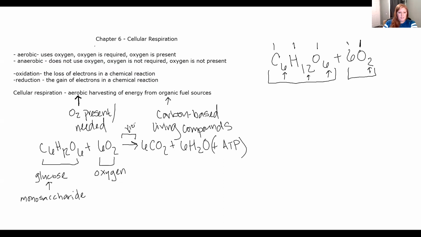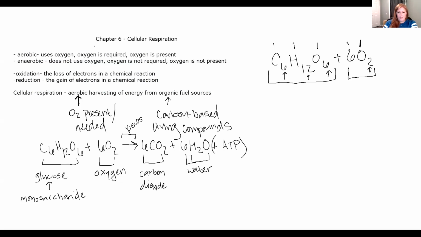The arrow means yields. That's what you get out of it. And what we get out is this over here. Carbon dioxide is CO2. There's 6 molecules of it. And of course, we've got water. And again, 6 molecules of water.